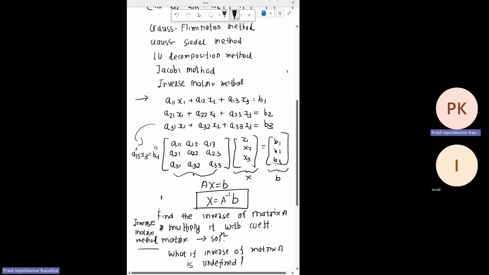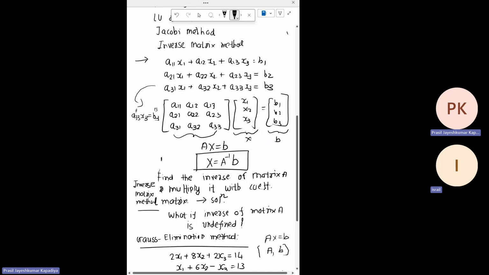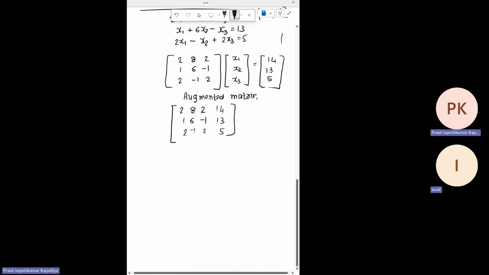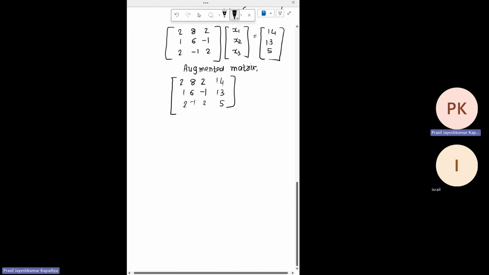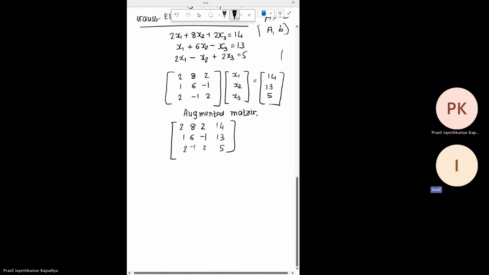Then we can directly calculate x3. Then let's say the second equation we get in this form: a22 prime x2 plus a23 prime x3 is equal to b2 prime. x3 from here we know, then we can substitute and get x2. If we can do something like that, it will be really easier to solve these equations.